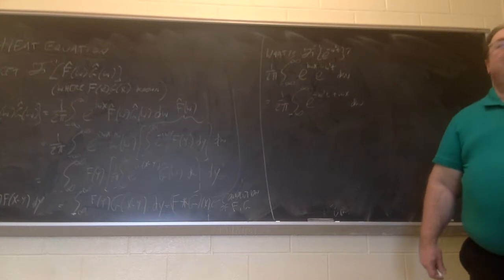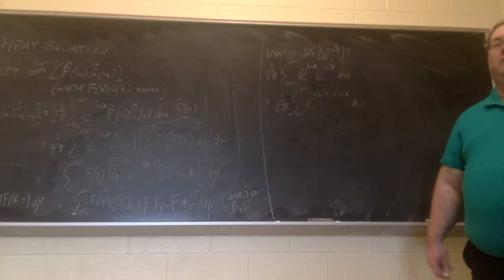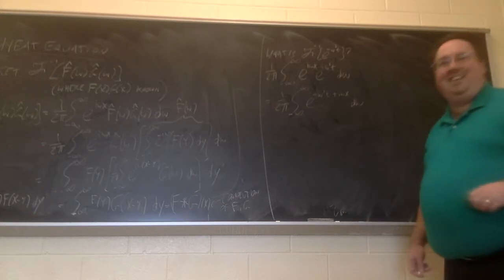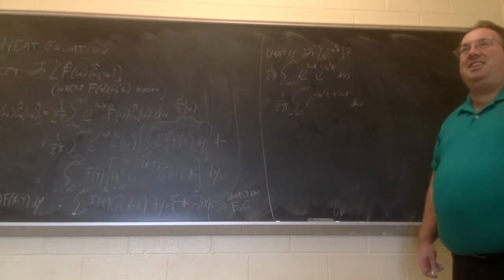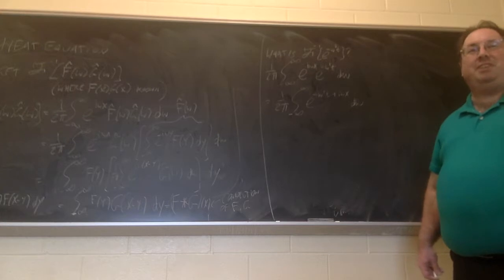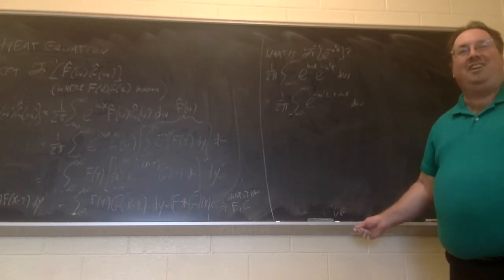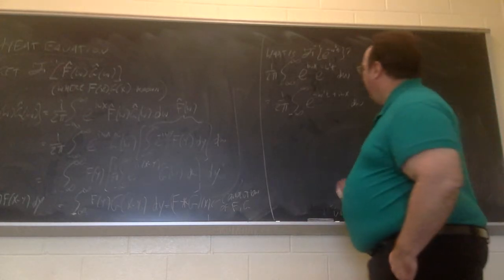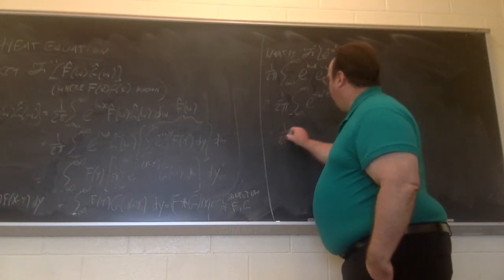But this term throws it off. So what do I need to do? Complete the square. The funky i stuff doesn't really affect how you proceed. It just makes it messier because it's there. So, completing the square on this.